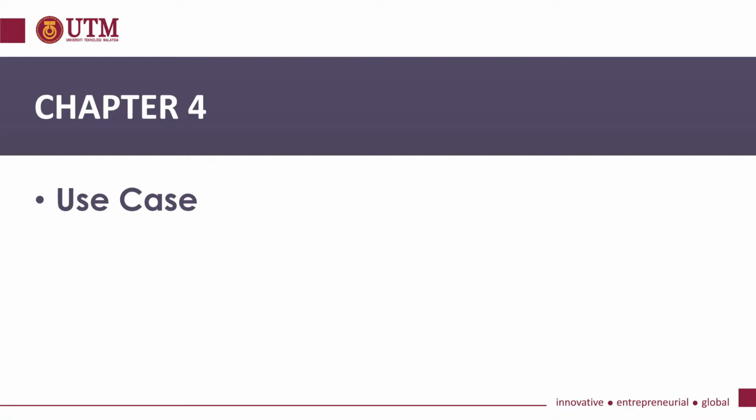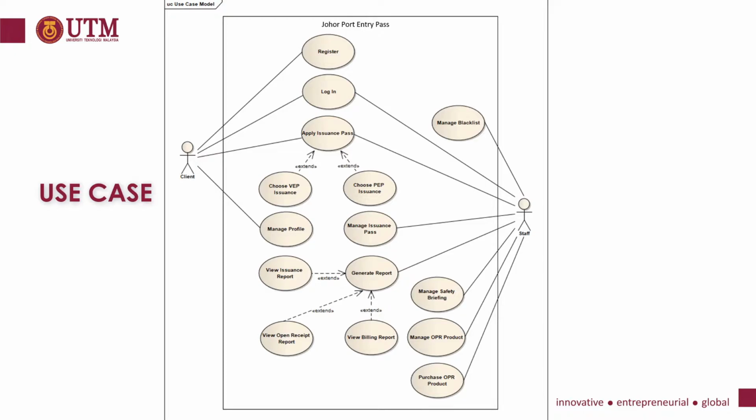For Chapter 4, I will talk about my use case. This is the use case for my project. Based on the use case, I have 2 users, which are client and staff. Mainly, the client only has a few accesses in the system because they are like a customer.